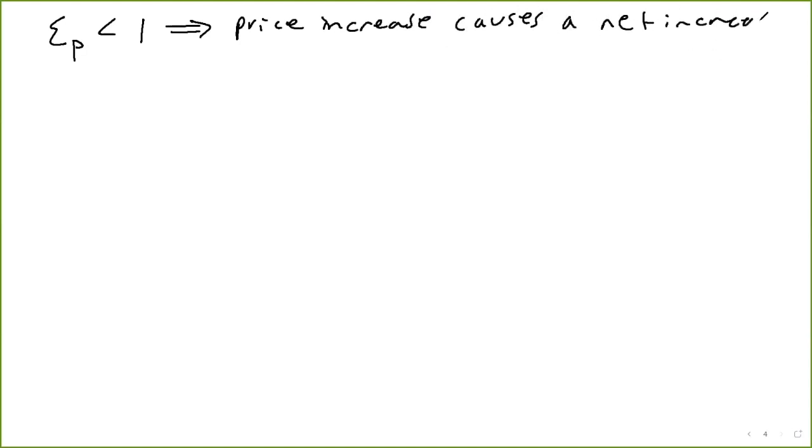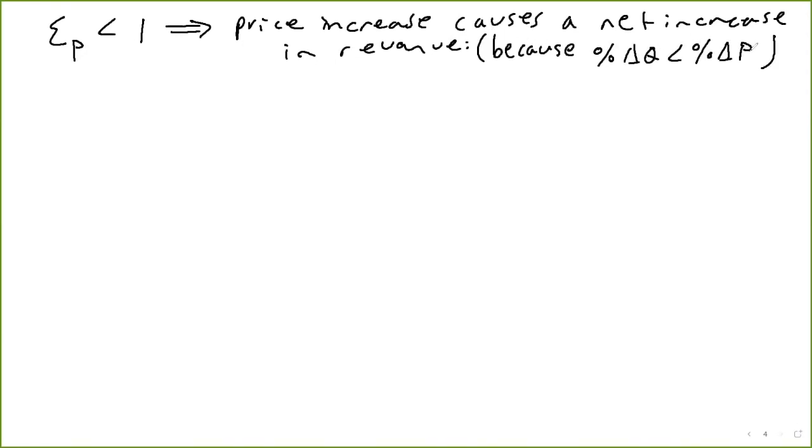So I won't go through all the logic again, but just like if demand is elastic, it implies net revenue decreases from a price increase, if demand is inelastic, that implies that a price increase causes a net increase in revenue. So let's revisit our example again.